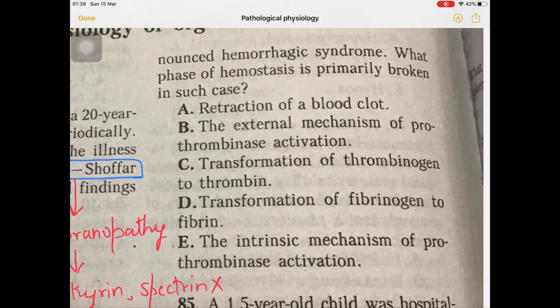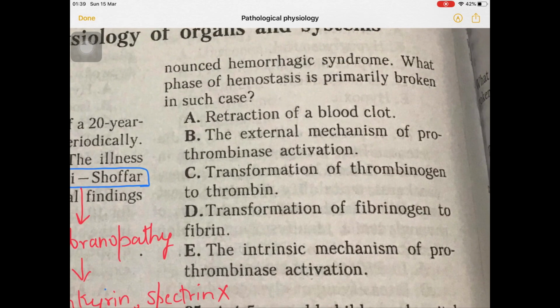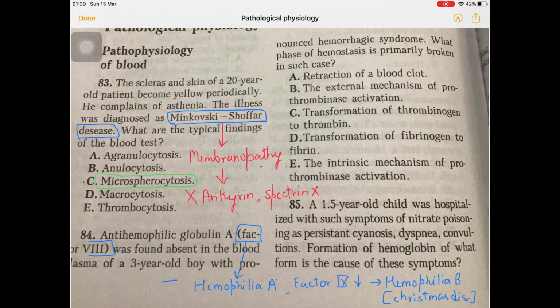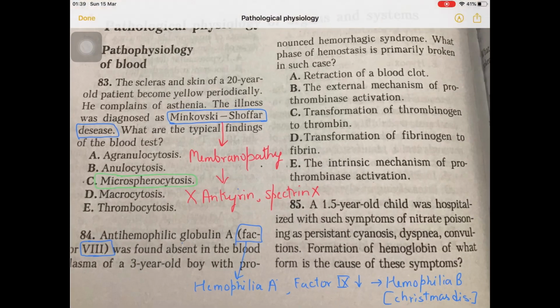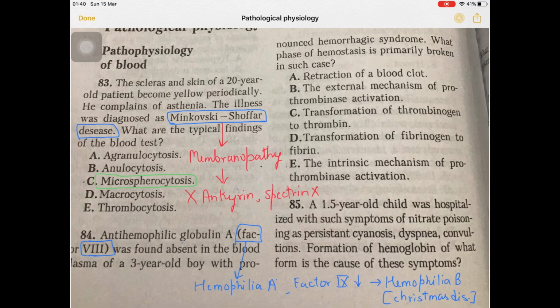So that is the case over here. Here factor number 8 was found absent in the blood of a 3-year-old, so he must be suffering from hemophilia A, because there is an antibody against it, anti-hemophilic globulin A. So a 3-year-old boy with pronounced hemorrhagic syndrome. What phase of hemostasis is broken?